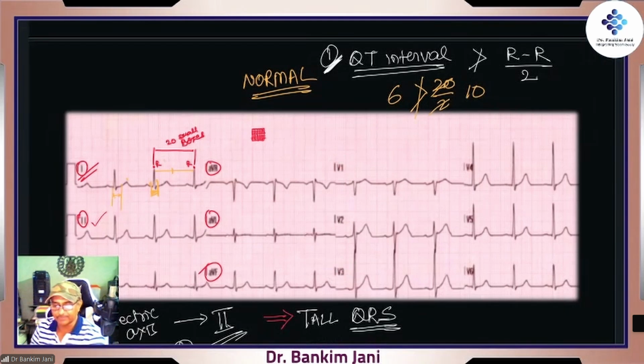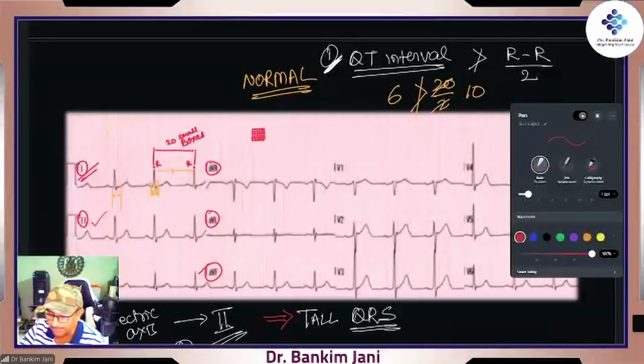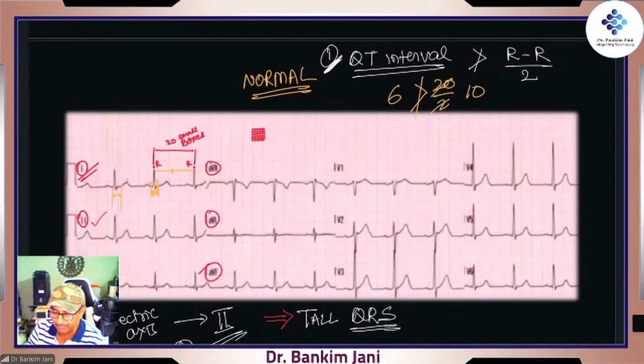Watch for yourself. Where do you get the large ones? Here you'll invariably find V4, V5, and then V6 is going extremely towards the lateral side, so that has again dipped.